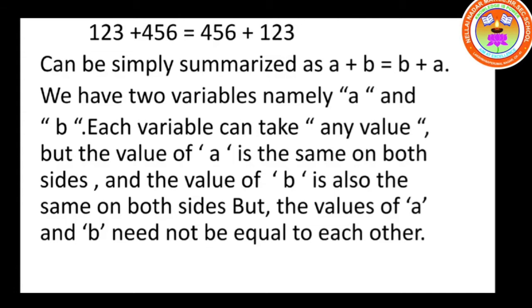Each variable can take any value, but the value of A is the same on both sides, and the value of B is also the same on both sides. But the values of A and B need not be equal to each other. If A is 123, then B is not necessarily 123. It's not like that. The A value is different and the B value is different.